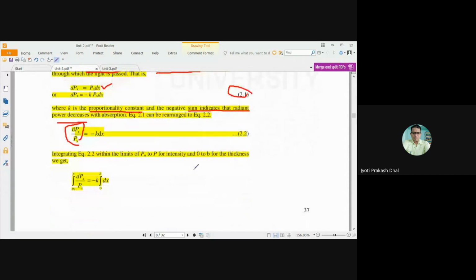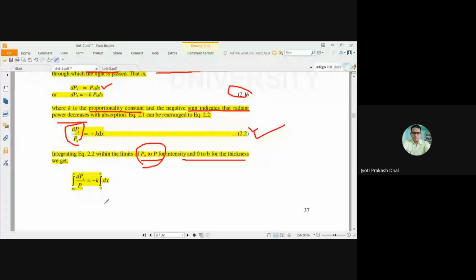Now this is equation 2.2. Integrating this equation 2.2 within limits P naught to P for the intensity, and 0 to b for the thickness. For the total change in intensity, P naught is the initial intensity and P is the final intensity, and similarly the total change in thickness is 0 to b.